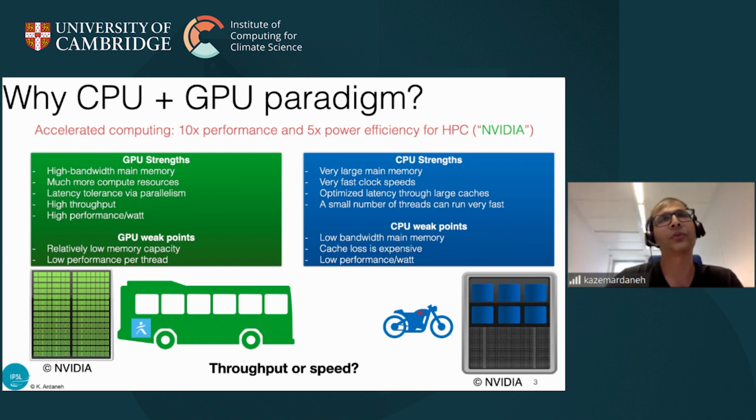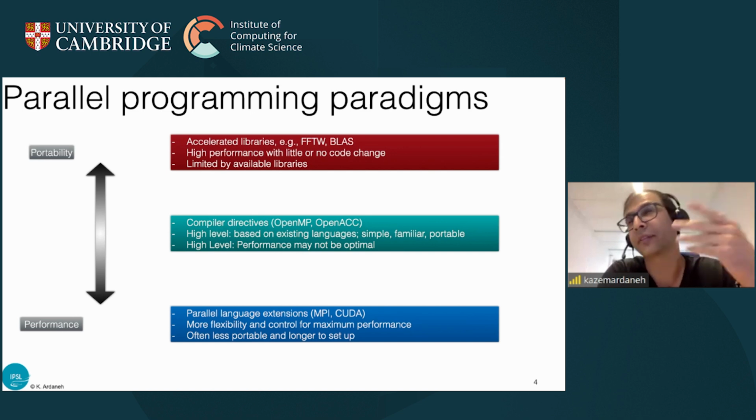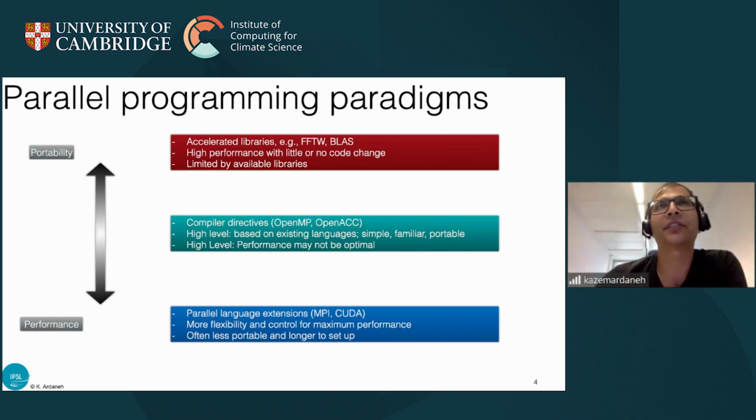To do this heterogeneous parallelism, there are a few ways to do it. The first is to use the available libraries that are optimized for the accelerator, like FFT or linear system solvers.